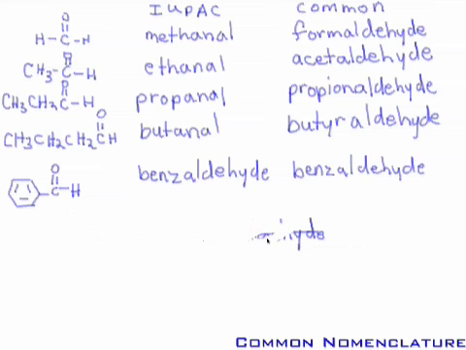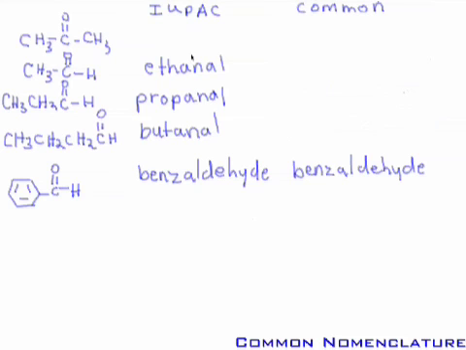Okay, so what we're going to do now is we're going to look at some common nomenclature for ketones. We've done the aldehydes, let's look at some ketones. Well, the simplest ketone, of course, is CH3, CH3. That is the molecule. Propanone. Now, if I counted the carbon, I would say propan-2-one, but the carbonyl has to be there, so propanone is fine.